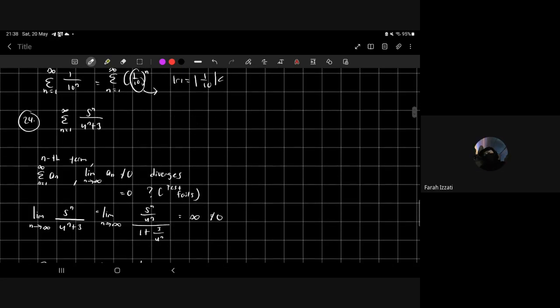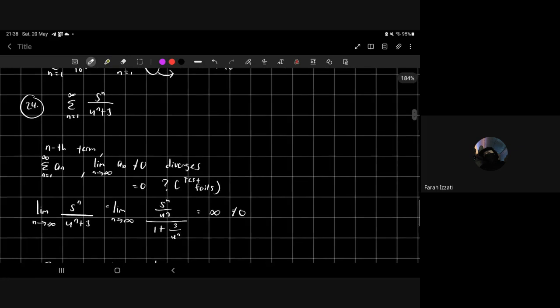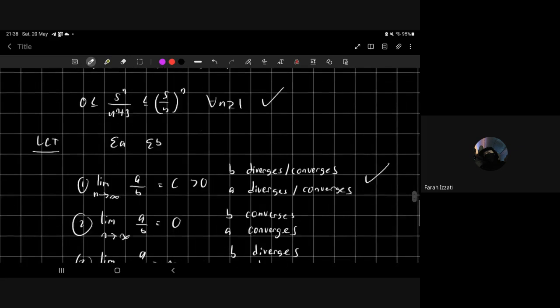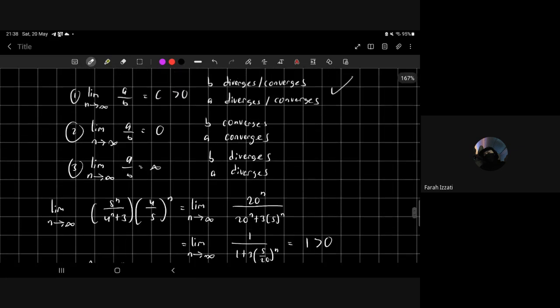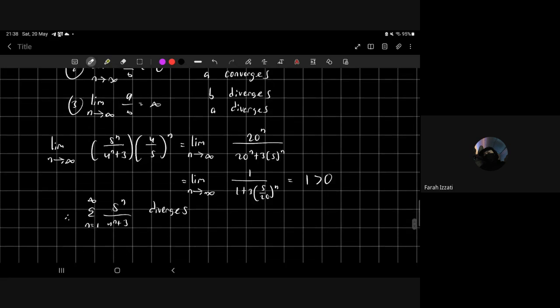Right, yep. So I did that, but I didn't know that you can also do the limit comparison test. That's new to me.